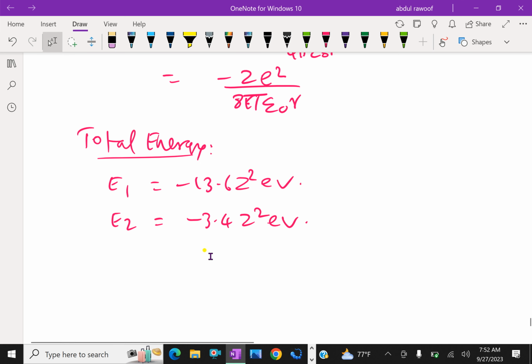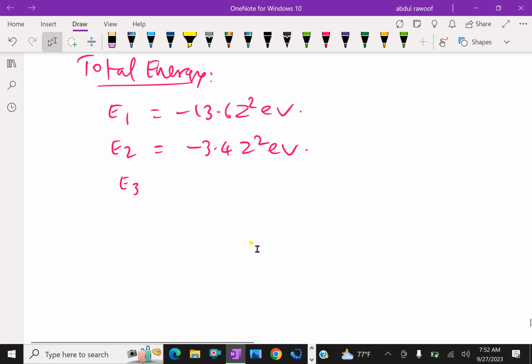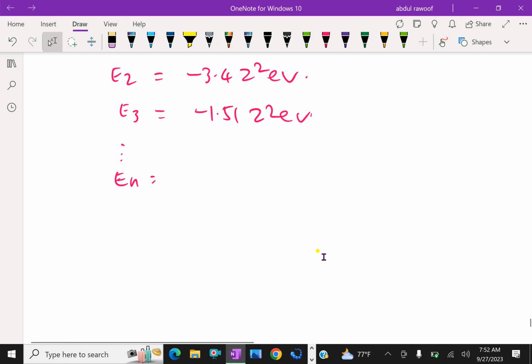It goes on like this. Then the third, by using the values in our calculation, E3 is minus 1.51 Z squared eV, and so on. En, the energy at the n level, is equal to 0 when n goes to infinity.